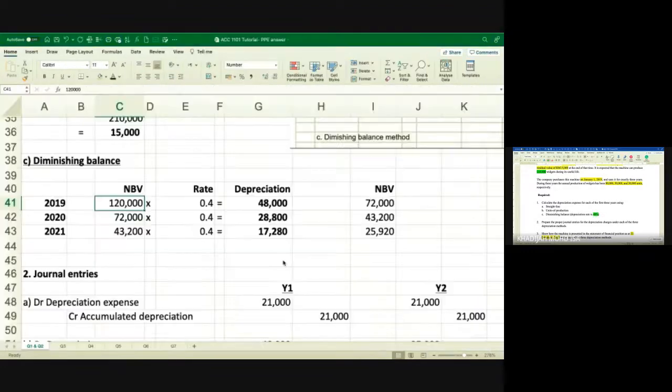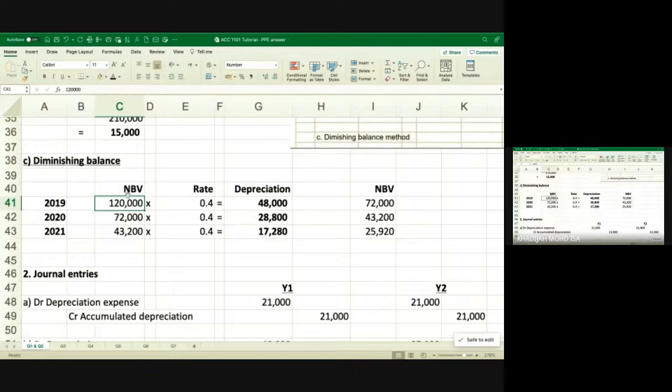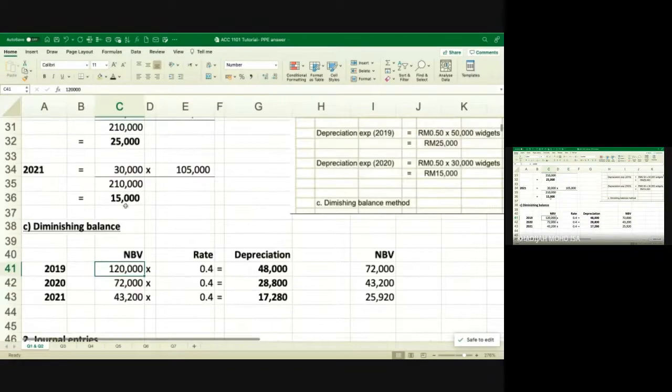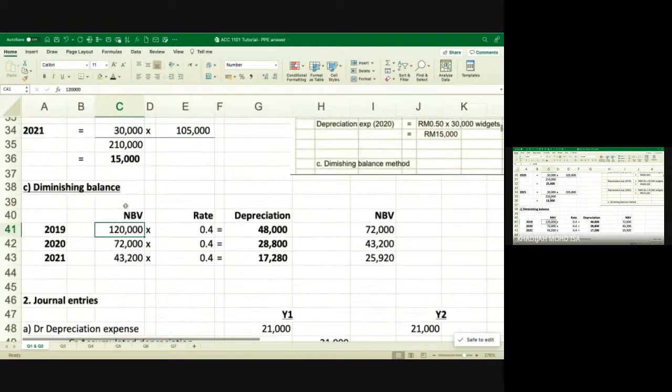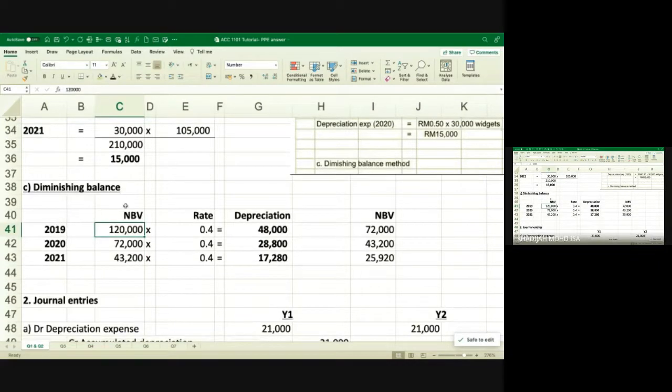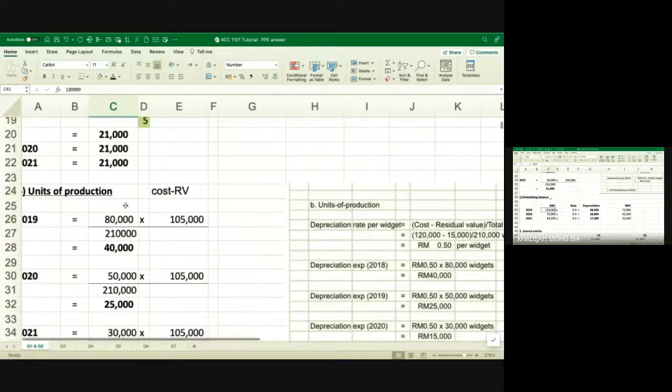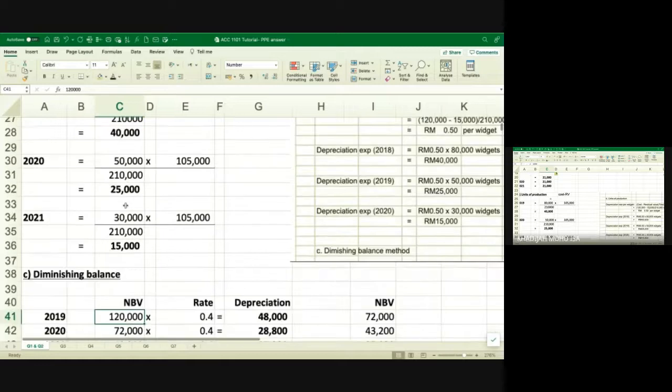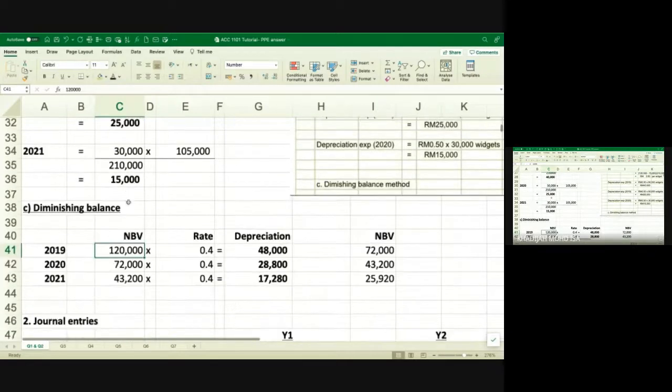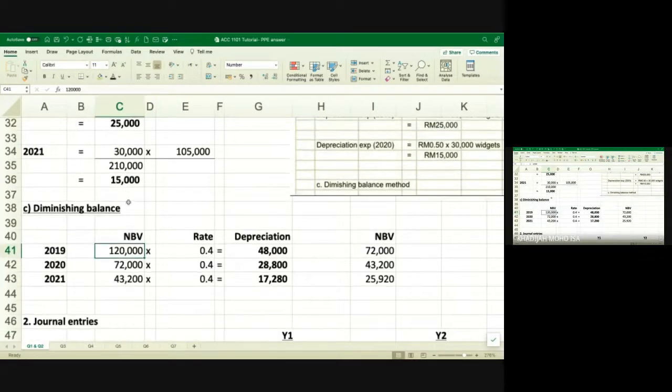So whatever the net book value is, in this case 120,000 because that is the cost. Does diminishing balance take into account your residual value? I don't think so, because you use a percentage here.